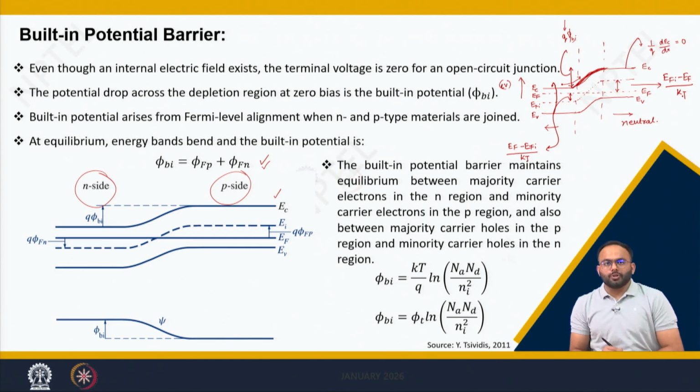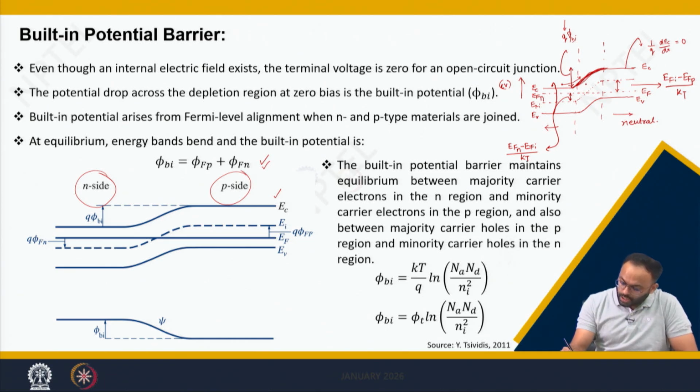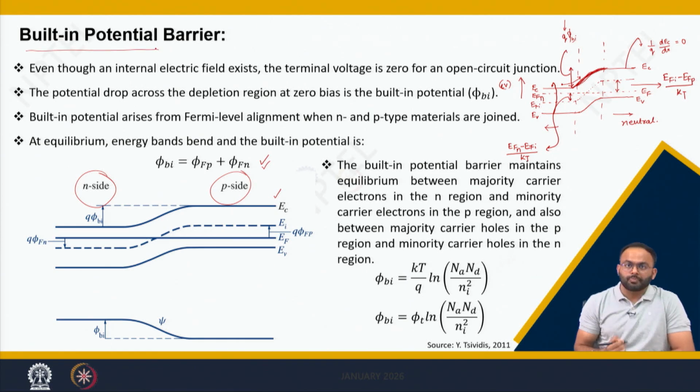Again, to avoid confusion between the Fermi levels of different regions, we are adding the subscripts EFP and EFN. So this becomes EFN and this becomes EFP. Ultimately the total sum of these potentials will give you the potential barrier, or the built-in potential, right?